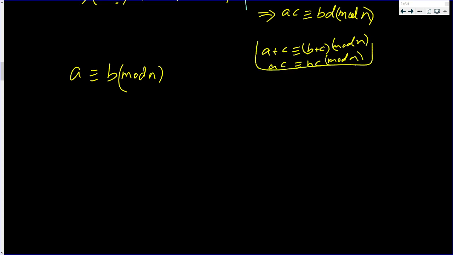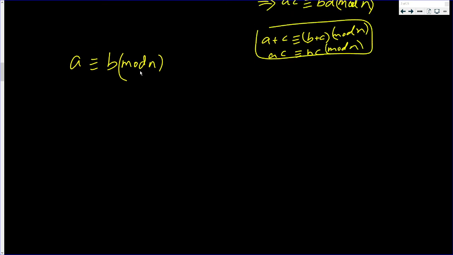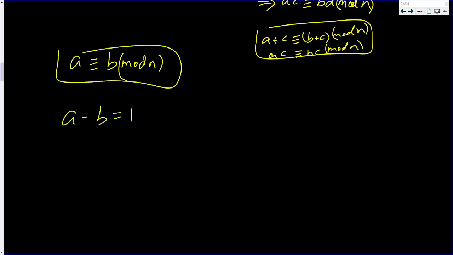This is what we want to show. Well, this here tells me that a minus b is a multiple of n. Right? This one, okay, so I like this. I can add c.